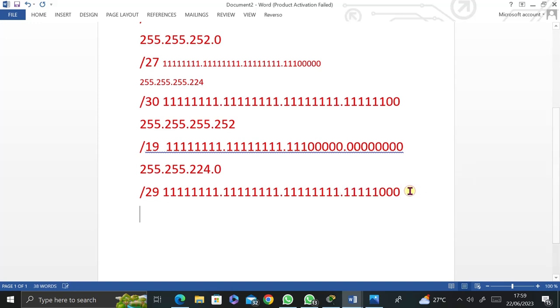So our next subnet number will be 255, 255, because we have these three octets already on. So here will be our work.